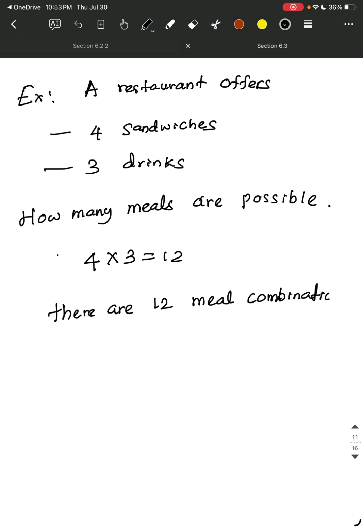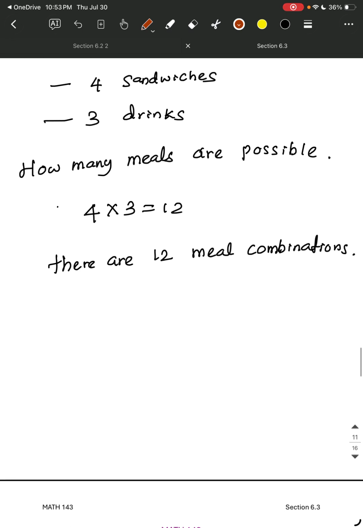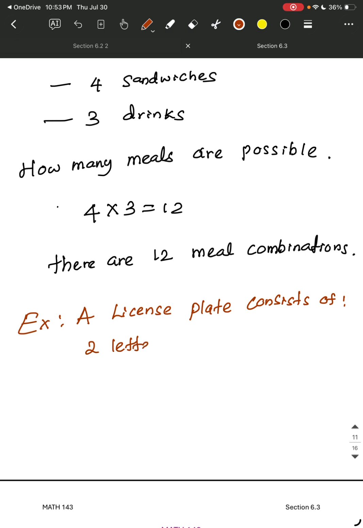Let's go for one more example. A license plate consists of 2 letters followed by 3 digits.